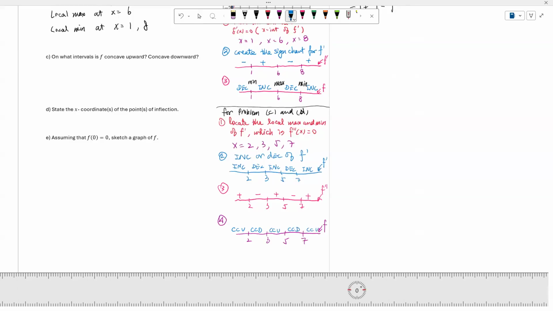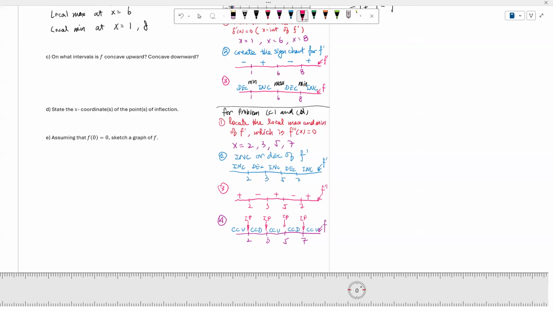Okay. Then changing from concave up to concave down, then 2 will be the inflection point. From concave down to concave up is also an inflection point. Okay.